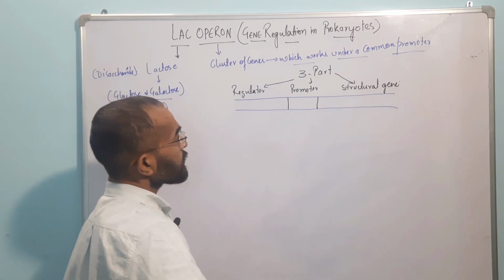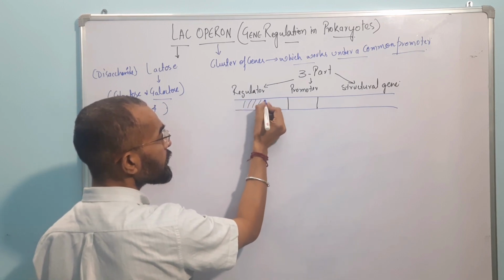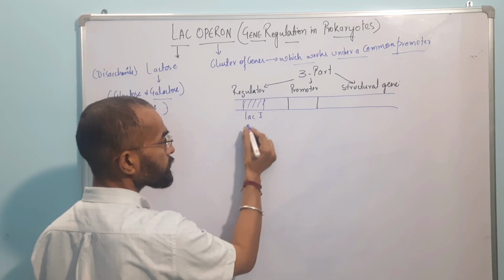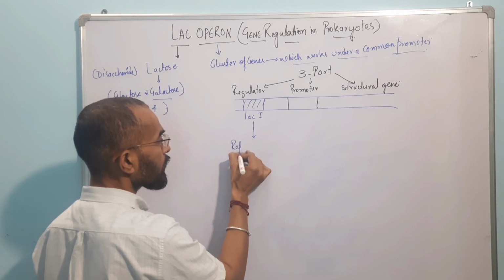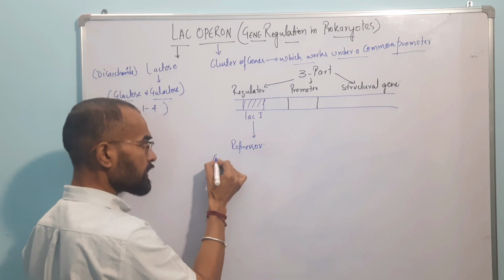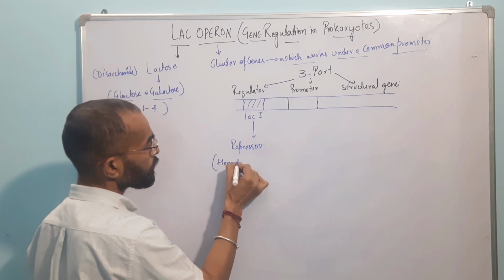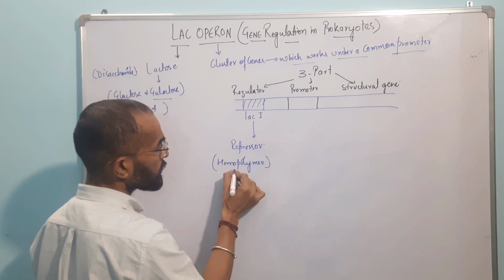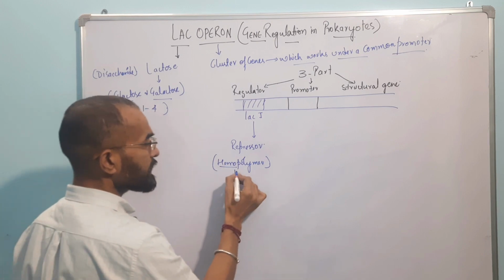The regulator gene consists of the DNA sequence of the lac I gene. The lac I gene forms a compound known as the repressor. The repressor is a homopolymer, that is, homo means same subunits.